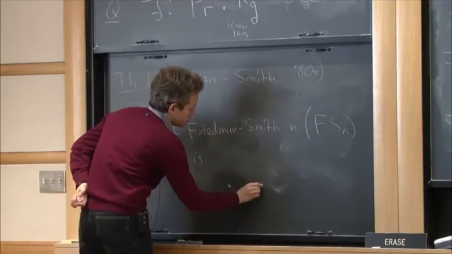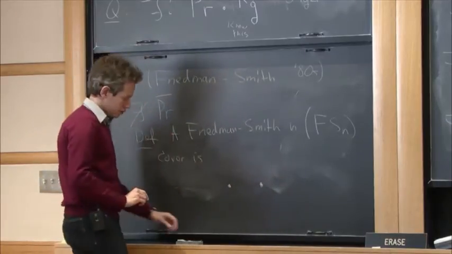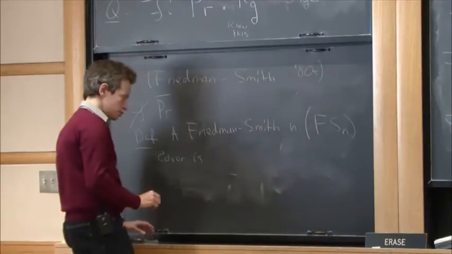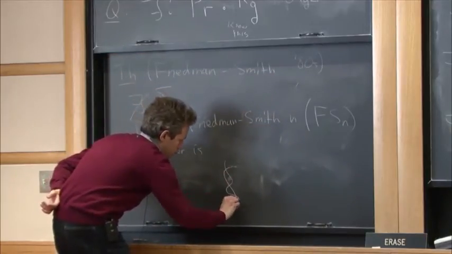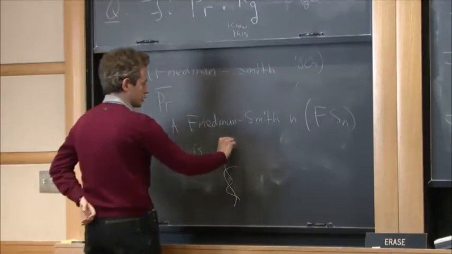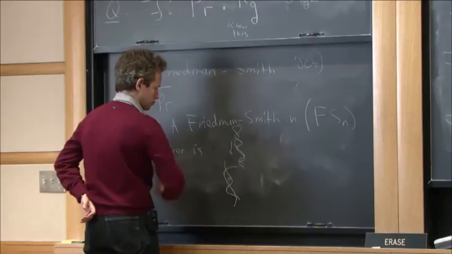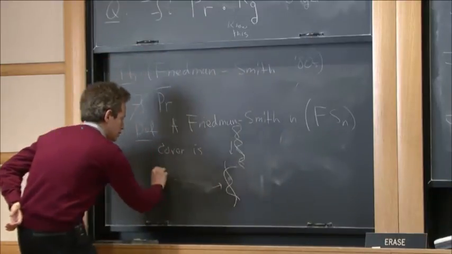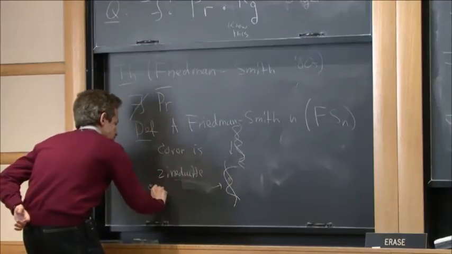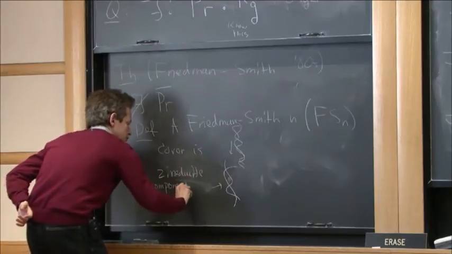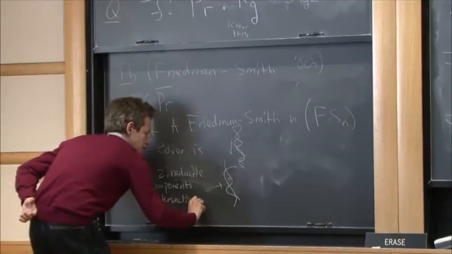You have two, I'll draw two pictures. One will be this being covered by, so this means two irreducible components intersecting in n points.